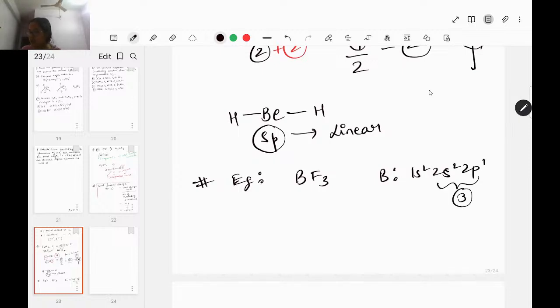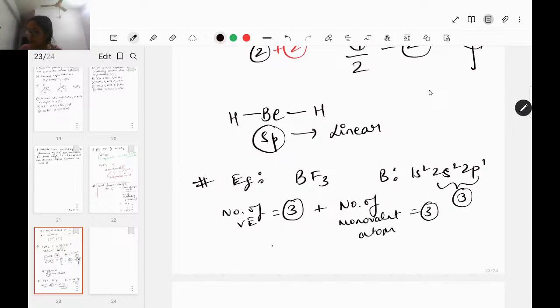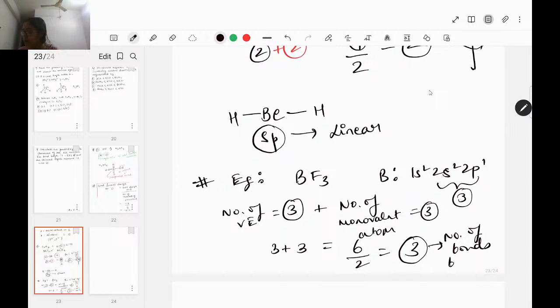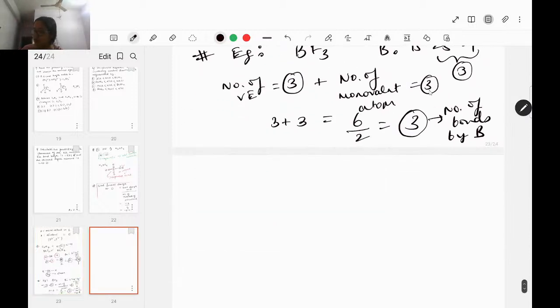So the number of valence electrons is equal to 3 plus the number of monovalent atoms. Here we have 3 monovalent atoms. So 3 plus 3 is 6. 6 by 2 is 3. So 3 is the number of bonds formed by boron.